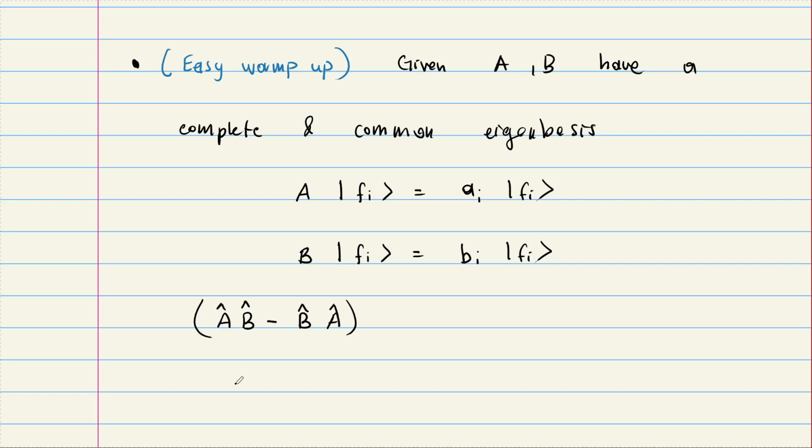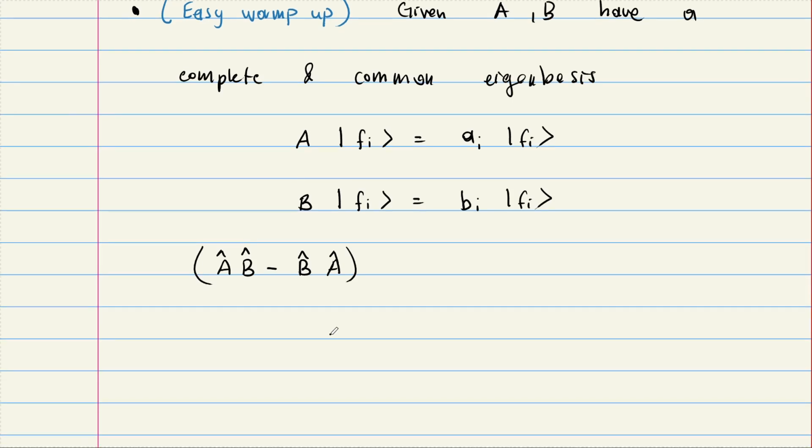And the way we calculate the commutator is we hit it on functions. These are operators. We don't know what they do by themselves. We look at them by what they do on states. So this is psi. And because this is a complete basis, I can expand this psi in this f_i basis.